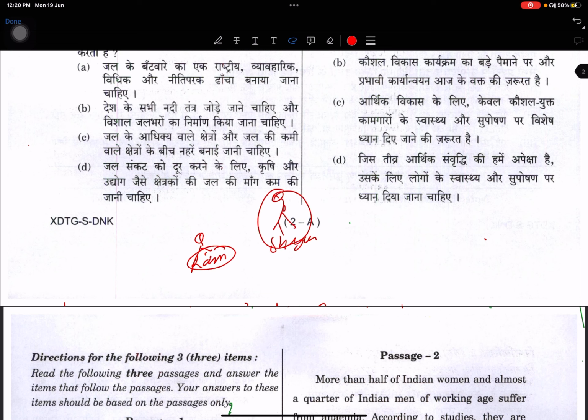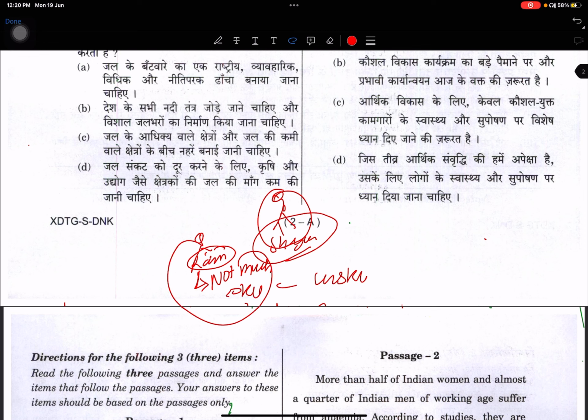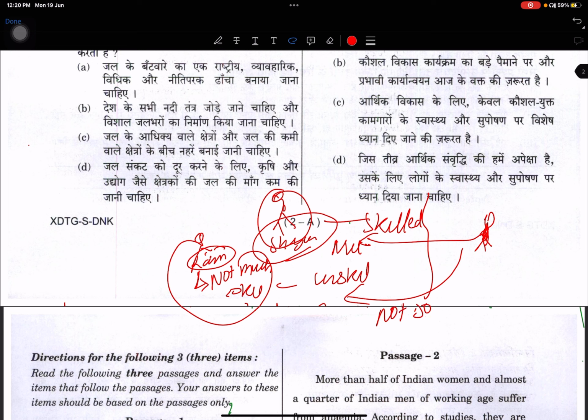Syam is the elder brother of Ram. Ram is not much skilled compared to Syam, or you can say Ram is unskilled and Syam is skilled. Mother gives nutritious food to Syam and not so nutritious food to Ram.